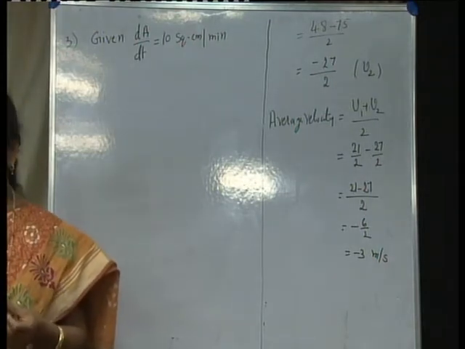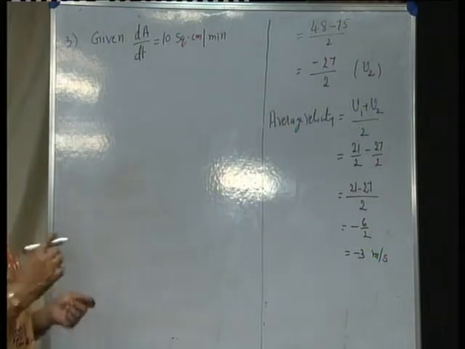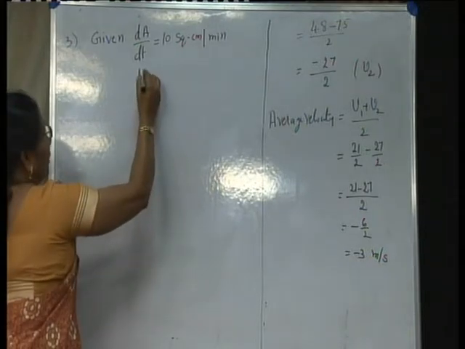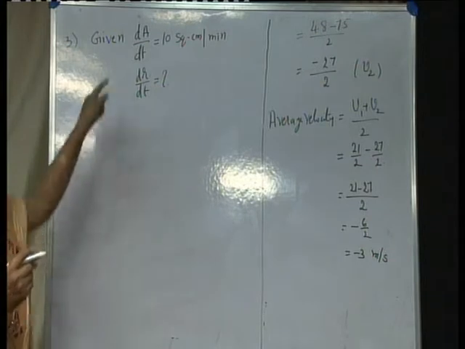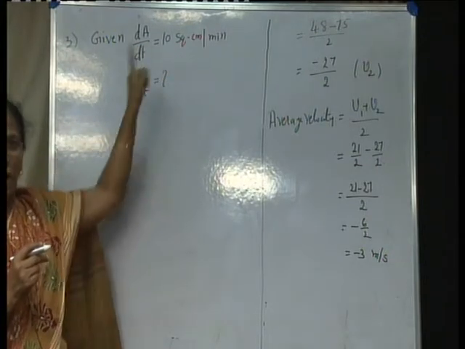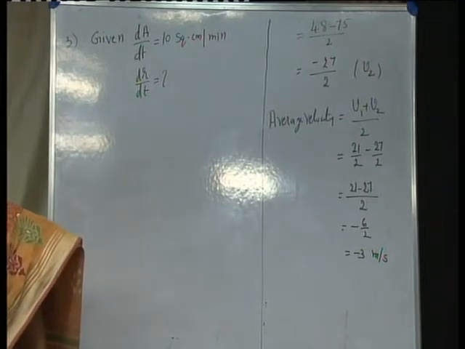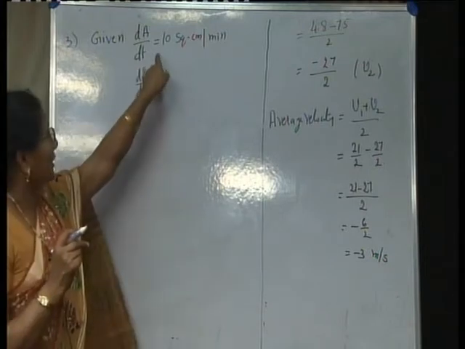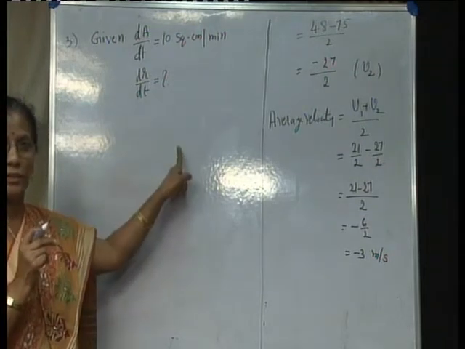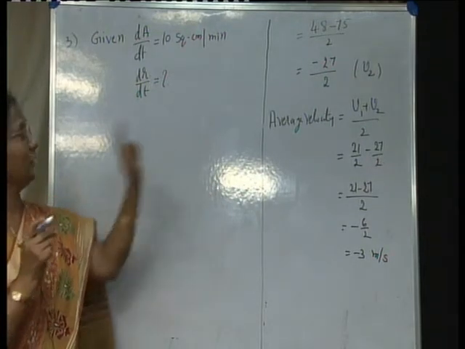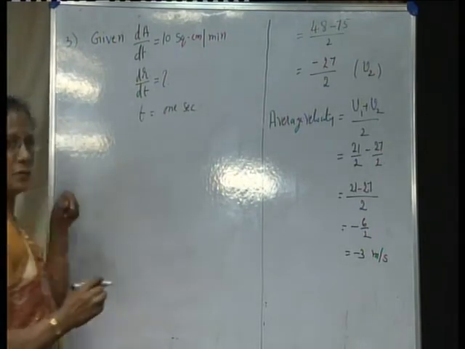How fast is the radius increasing? We have to find dr by dt, at what rate the radius is increasing. At what rate the area increases is given. At what rate the radius is increasing, that we have to find. But it is given in 1 second, while the area is given per minute, but we have to find at what rate the radius increases in 1 second. T is equal to 1 second is given.